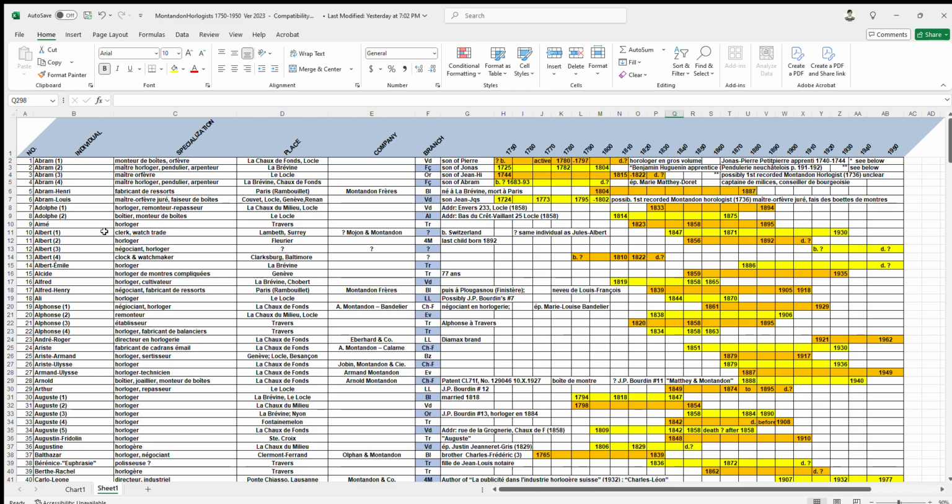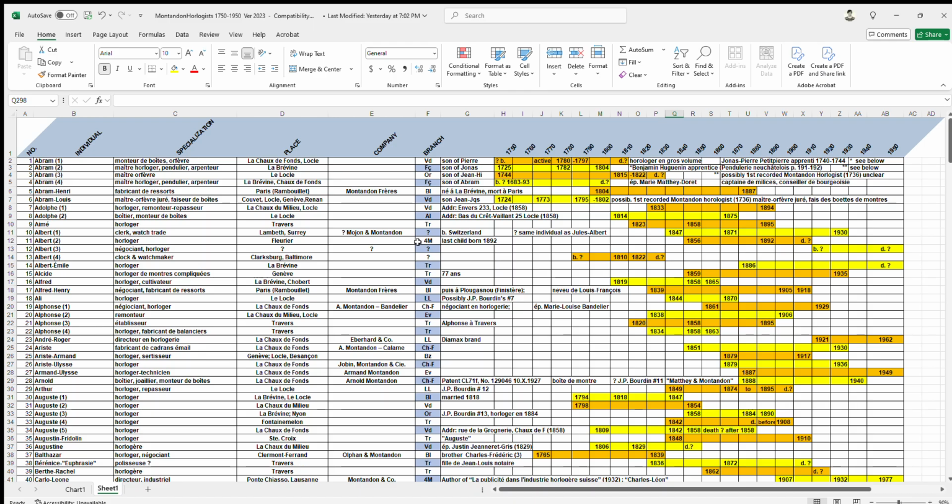Now, there are some repeats in this list. For example, there is a very shadowy Albert Montandon, Albert number 1, actually. He is mentioned in British press articles as a clerk in the watch trade, and he was suspected to be a Montandon, but his branch information was not clear, therefore there is a question mark.